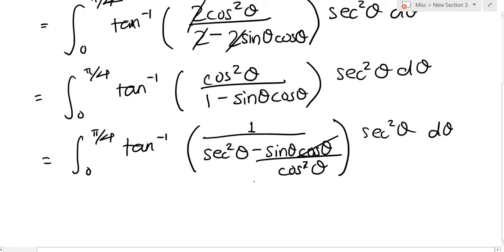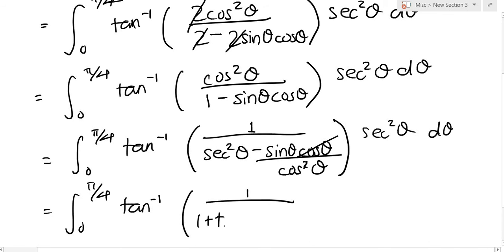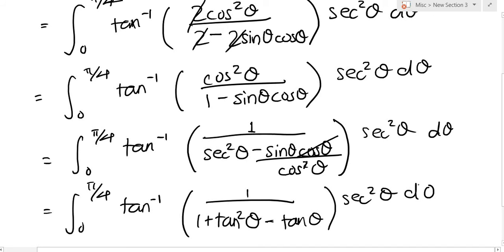That's right, it's a tan theta. And we can also rewrite this secant squared theta as 1 plus tan squared theta. That's just the square identity of trigonometric functions. And we have a negative tan theta here, and secant squared theta d theta.